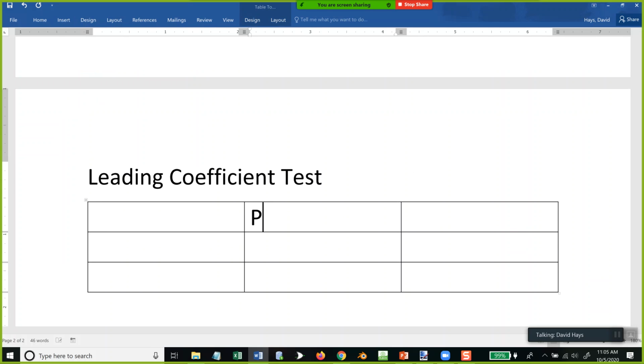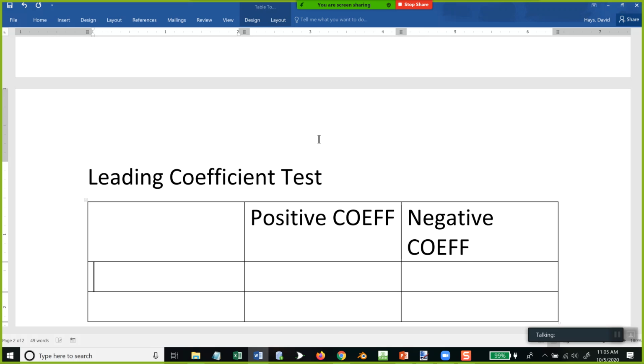Now we can have a positive coefficient, or we can have a negative coefficient. We can have an even degree, or we can have an odd degree.